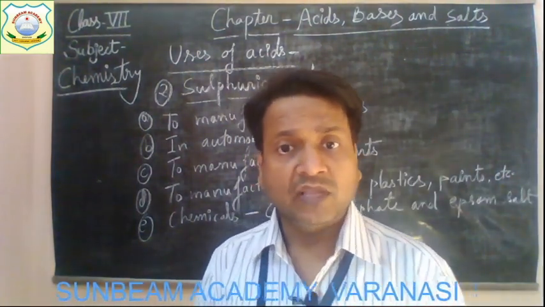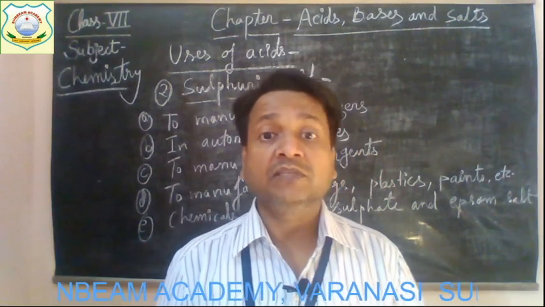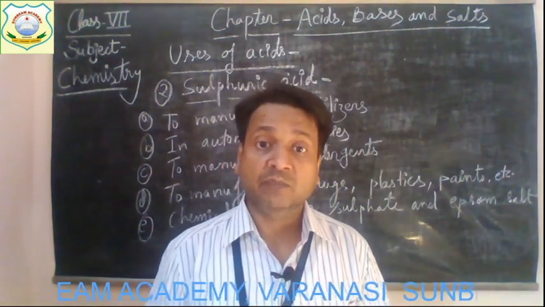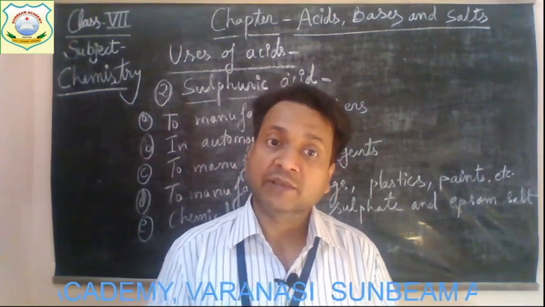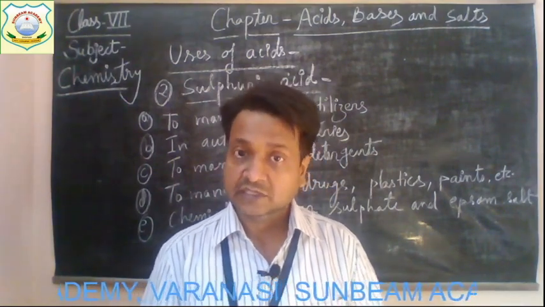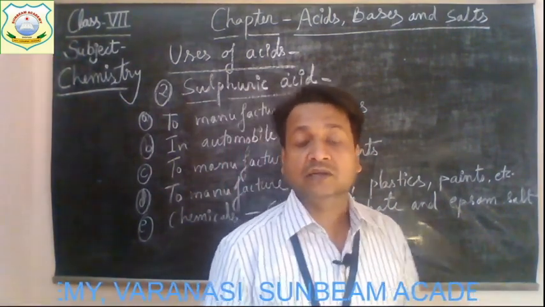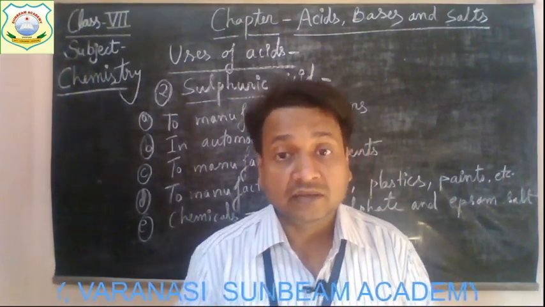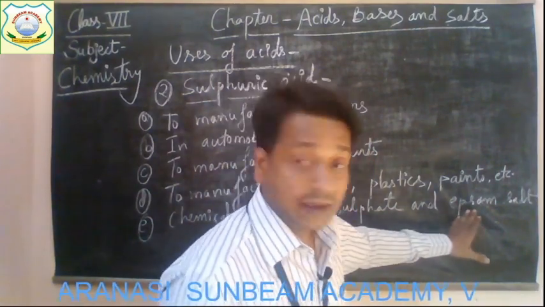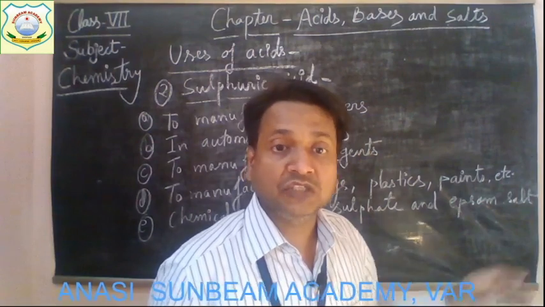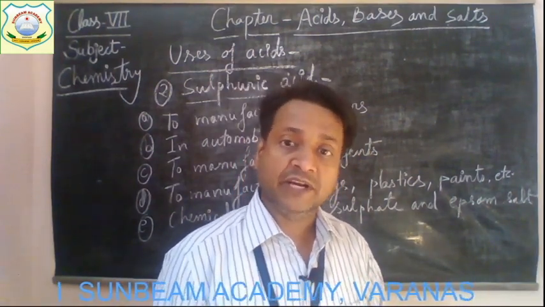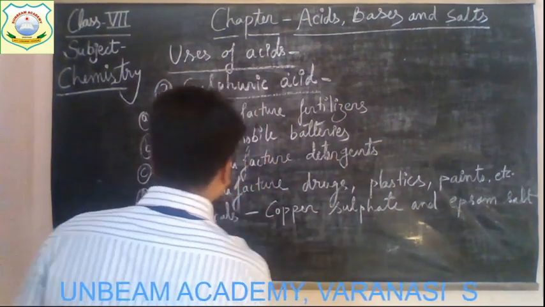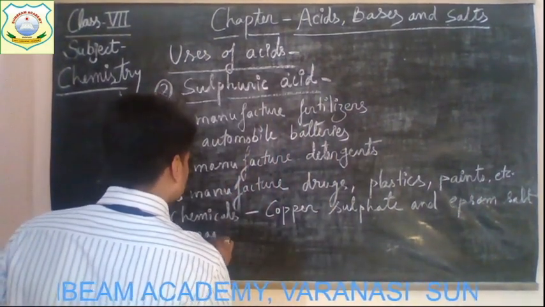Got it, children? Copper sulfate is a blue colored substance, a blue liquid that you might have seen in your chemistry lab. And Epsom salt, the chemical name of which is magnesium sulfate, is also used in laboratories.